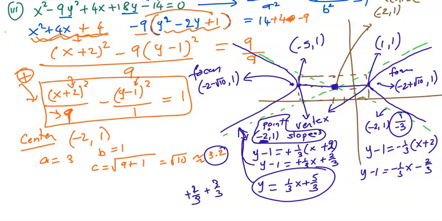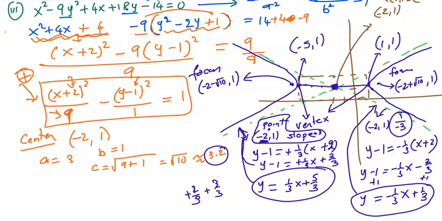Then I add 1, so y equals -1/3 x. The slope is the same, but one is positive, one is negative, right? And then when you add 1, that is 3/3, so it's plus 1/3. And that is the equation of the second asymptote. All right, we've got a center, vertices, foci, and asymptotes, and that's how we graph this one.